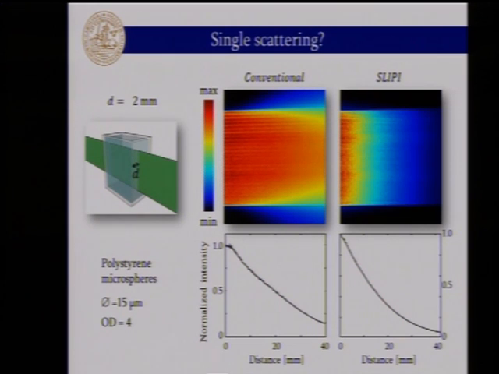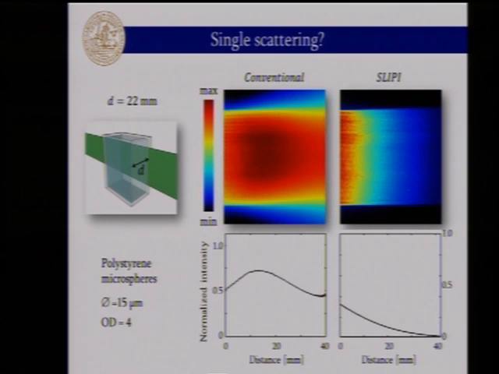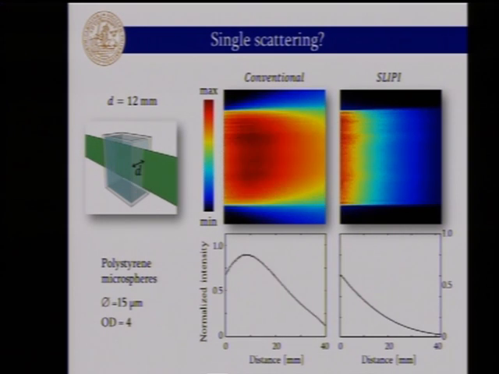But still, we can observe some differences, with SLIPI showing a nice extension of light, while here we still have some contribution of light outside of the illumination plane. Now, if we move the cell or the light sheet more inside, we increase the contribution of multiple light scattering.